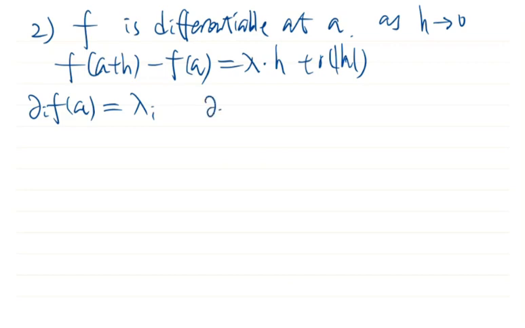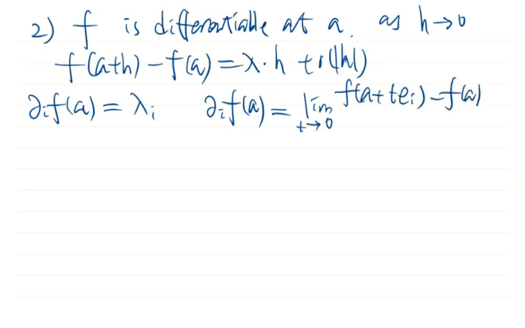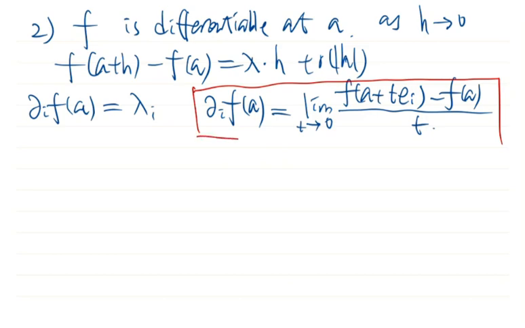Recall that the partial derivative, by definition, is the limit as t goes to 0 of f(a+tei) minus f(a) divided by t. This is the definition of a partial derivative. Compare the definition of partial derivative and this differentiability.